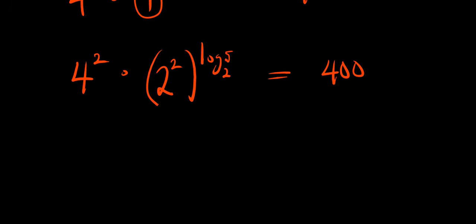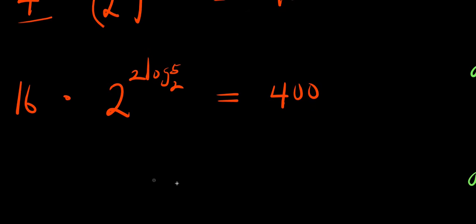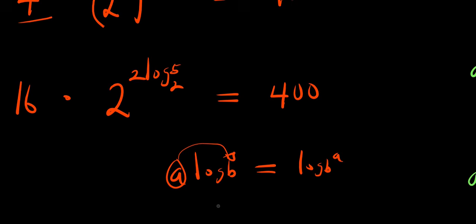So from here, I can have 4 power 2 is 16 times 2 power 2 log 5 to the base of 2 equals 400. Now, if you have a times log b, this equals log b power a, because this a comes on top of this.